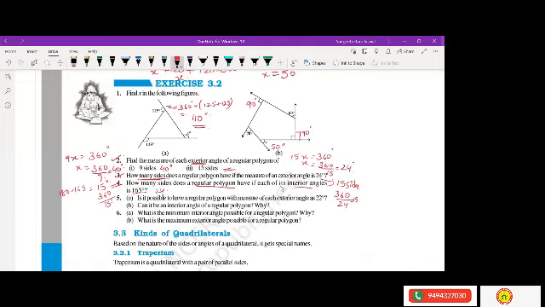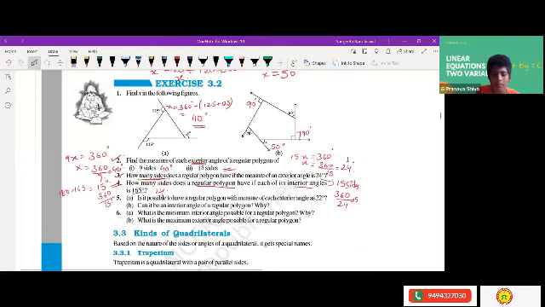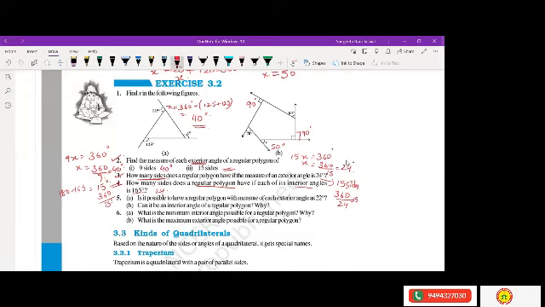Hello? Please speak up, children. Ma'am, I think we should do 165 x is equal to 360. See, it's saying if each of its interior angles is 165. Is it possible to have each interior angle 165? No, ma'am.